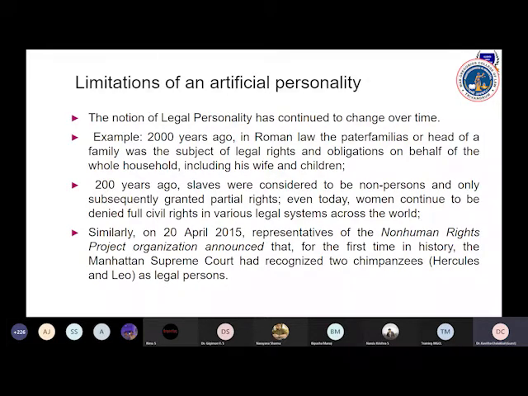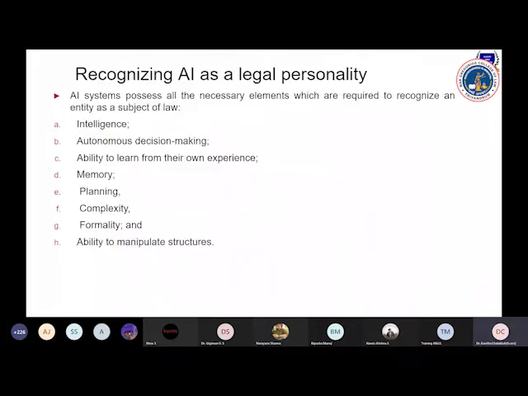But law is capable of recognizing new forms of entities and recognizing them as a legal personality. So there is scope for artificial intelligence also to be recognized as a legal personality.